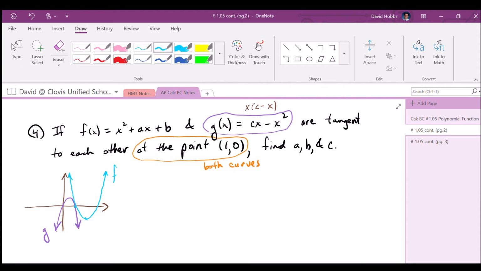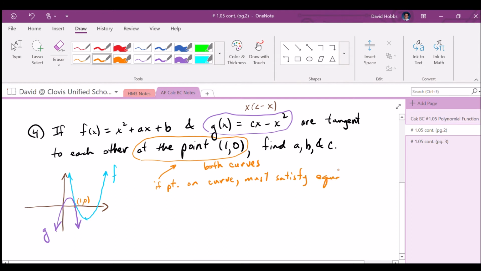They both have the point 1, 0 in common. Don't forget that if a point is on the curve, it must satisfy the equation.